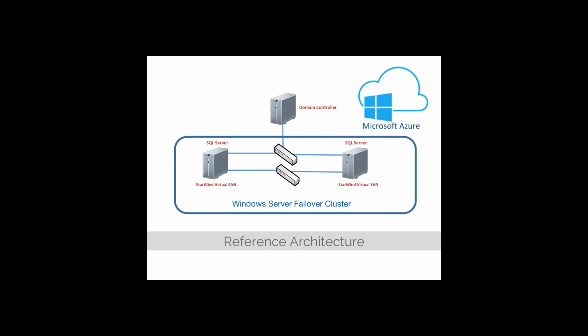So basically, the storage appears to be local because I don't have shared storage in this case. The storage appears to be local, and they're getting synchronized between those two servers, and SQL Server is running on top of it. Now, the shared storage is presented to SQL Server, but at any given point in time, only one server, only one VM in the cluster is acting as the owner of those storage.